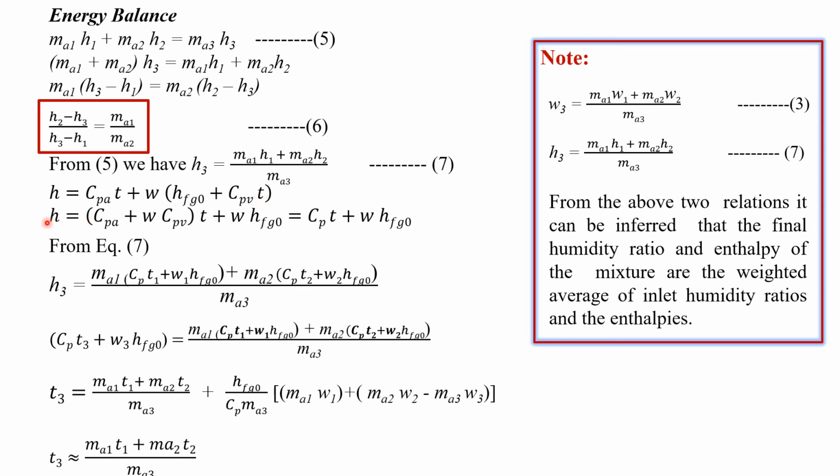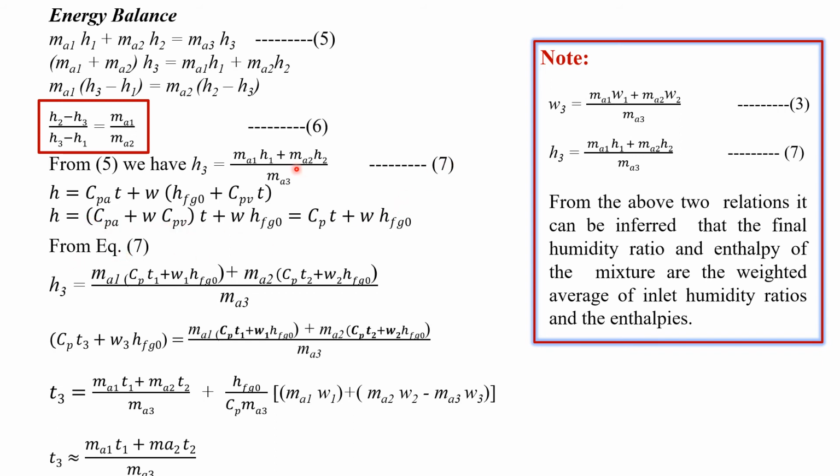So H can be expressed as Cpa plus omega times Cpv into T, so the dry bulb temperature has been taken common from these two terms, plus omega times Hfg naught, which can further be expressed as Cp into T plus omega times Hfg naught. You must be remembering that Cp is nothing but the humid specific heat that we talked about earlier. So it is going to be Cpa plus omega times Cpv.